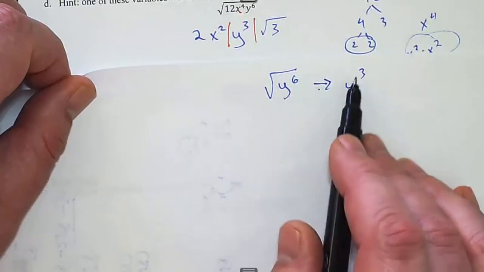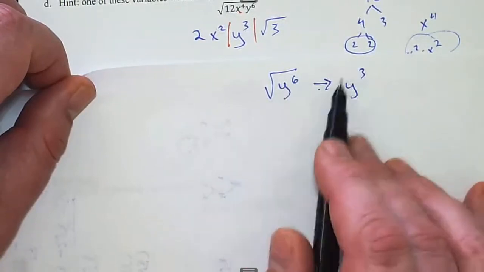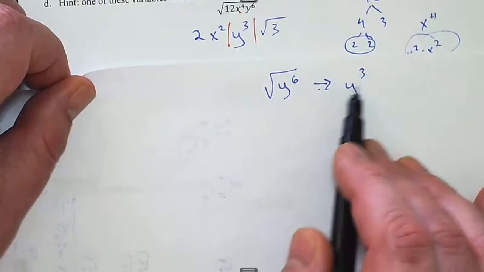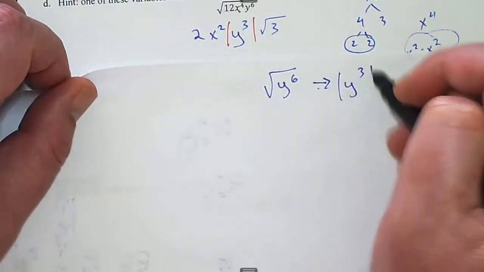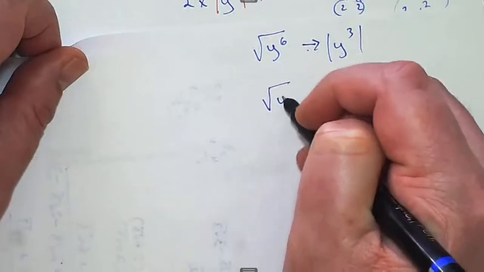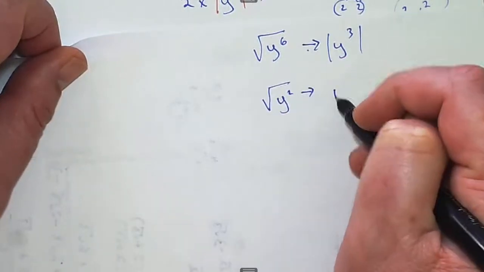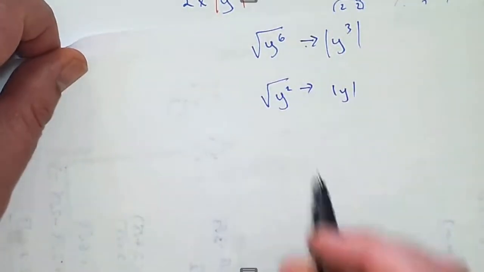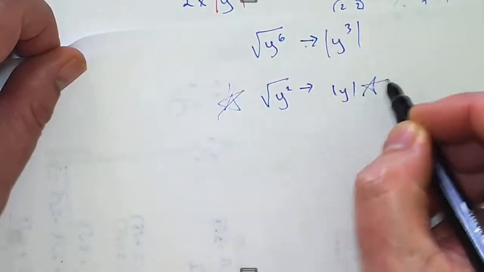And so I need to realize that because cubing something could keep it negative, I need to ensure that it's always positive. And just in general, you really want to know that this is the absolute value of y. An Algebra 2 student should know that the square root of x squared or the square root of y squared is not y. It's the absolute value of y.